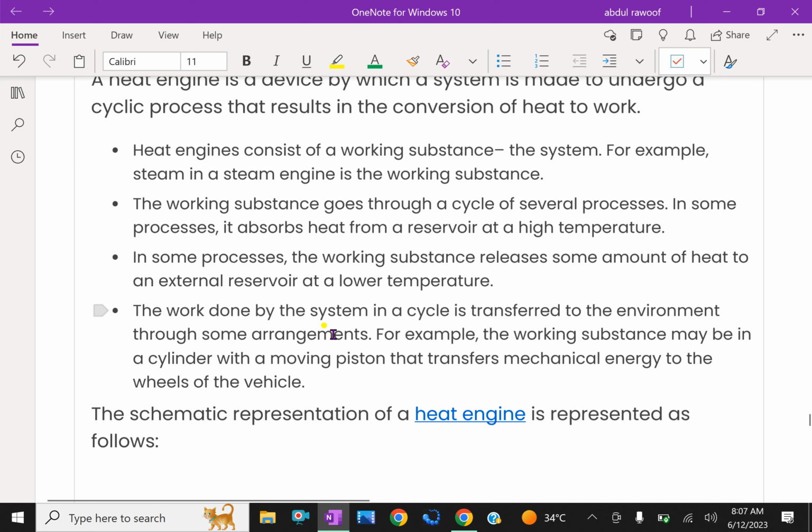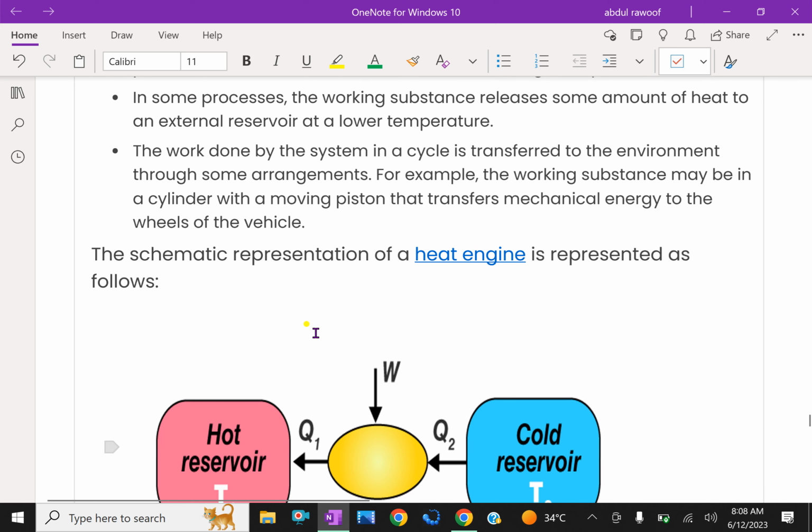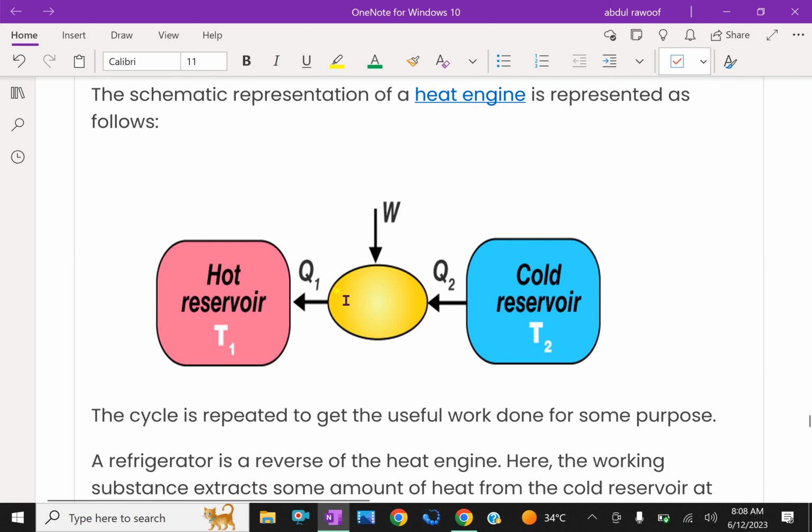The work done by the system in a cycle is transferred to the environment through some arrangements. For example, the working substance may be in a cylinder with a moving piston that transfers mechanical energy to the wheels of the vehicle. The schematic representation of a heat engine is as follows. Look at here.